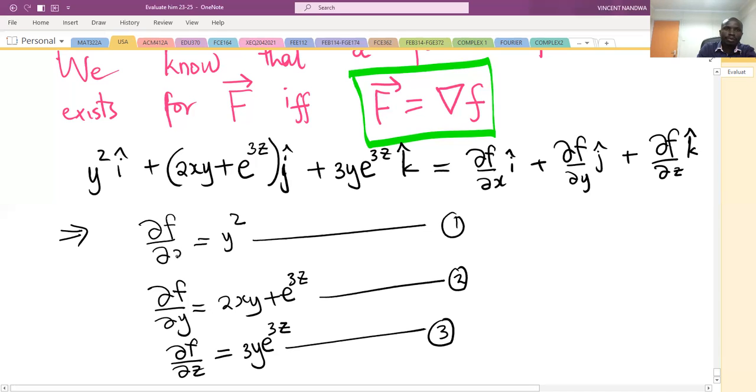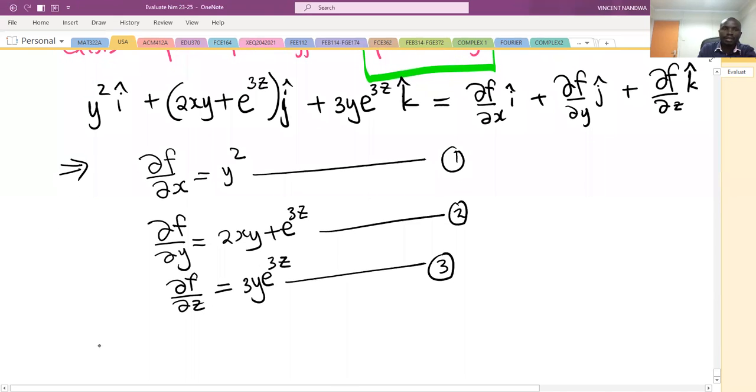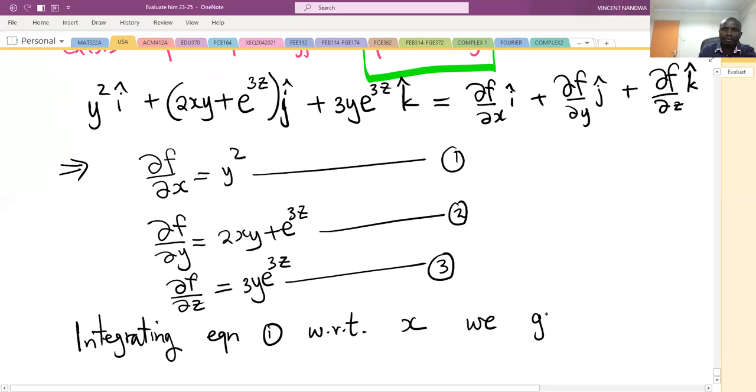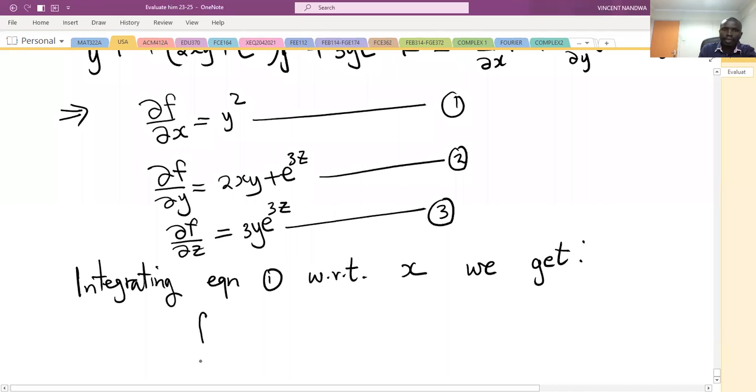So to get f from equation 1, we integrate both sides with respect to x. So integrating equation 1 with respect to x, we get the integral of partial f partial x with respect to x equals the integral of y squared dx.